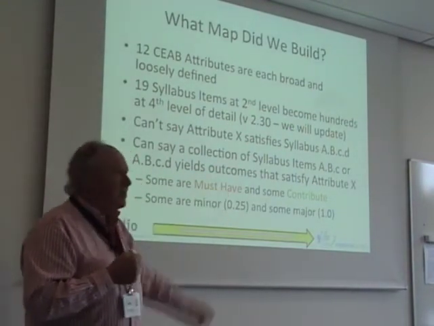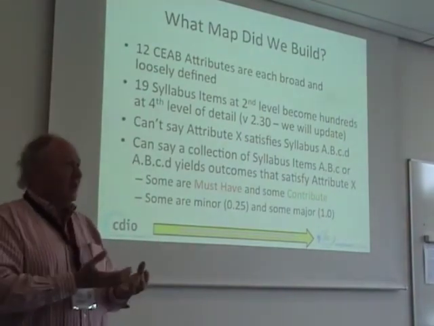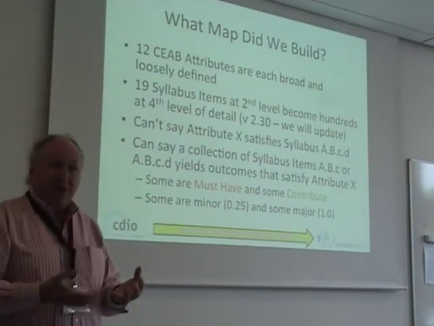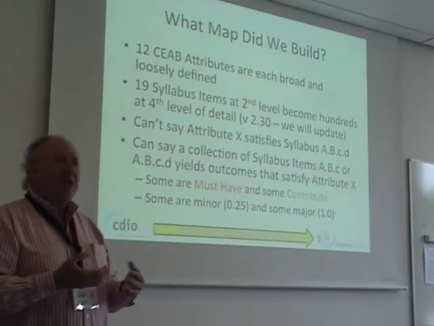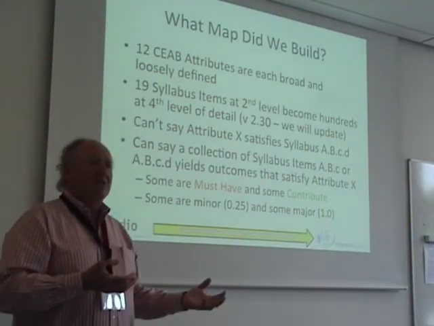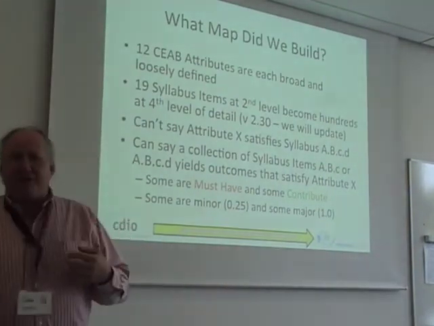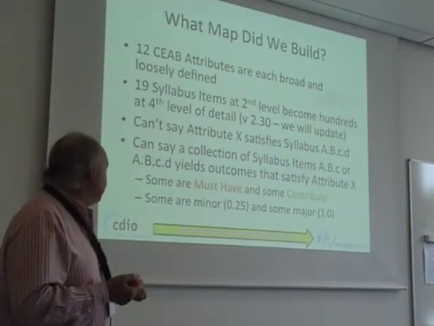Others are in the contributory category, things that if you take a handful of them together certainly enhance your ability to demonstrate that you've got the attributes that we're looking for in graduates, but are not necessarily something that every graduate must have from every program in every accreditable engineering school in Canada or elsewhere.